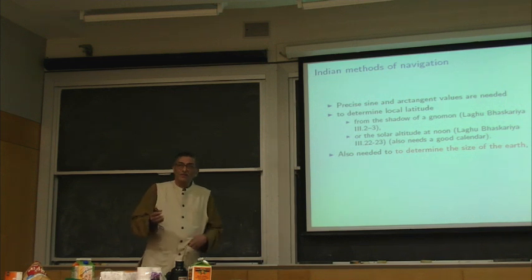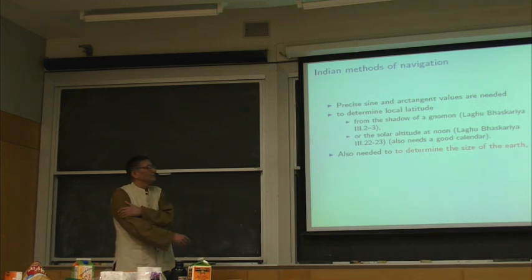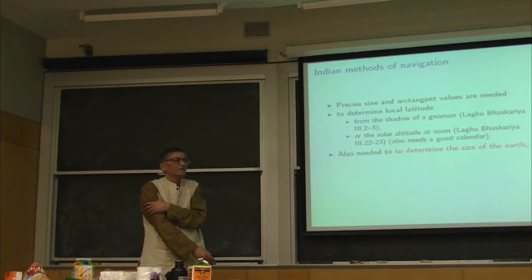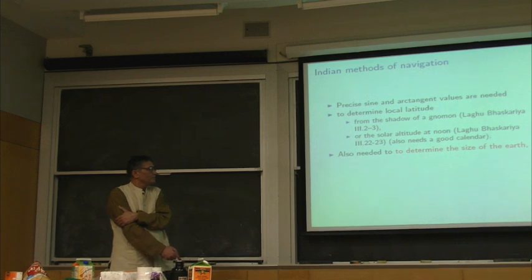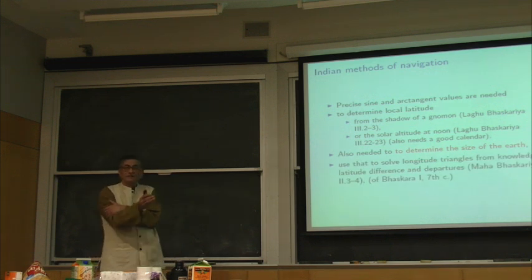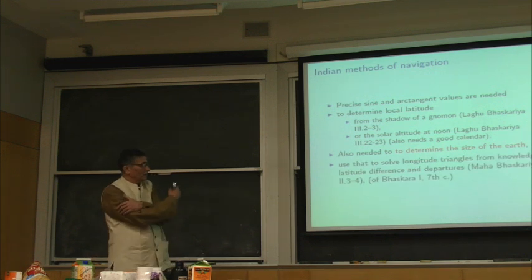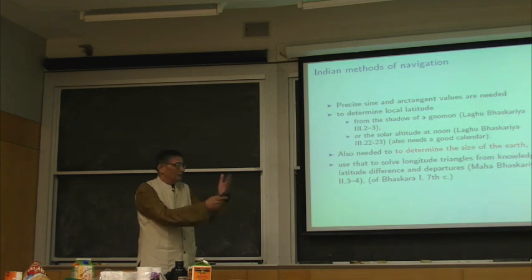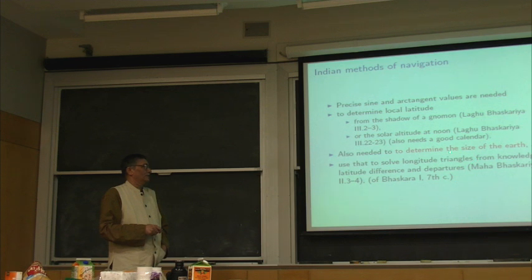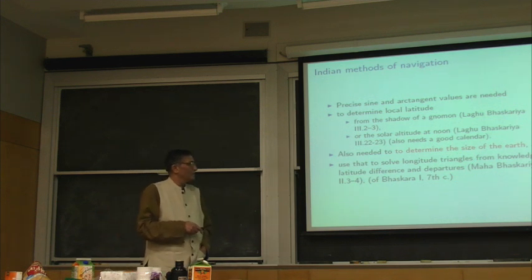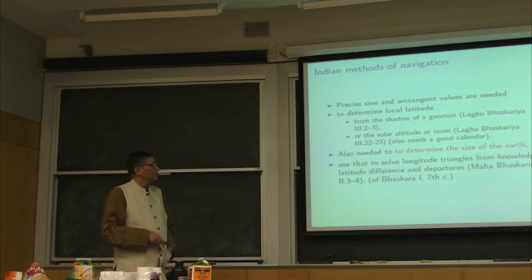We know that's very accurate, to within about 0.4% or something. That is what Caliph al-Mamun also did, but these were all done sitting at home or while climbing a mountain. And they could solve longitude triangles, where this thing enters as a parameter, using latitude differences and departures, and this is there in the Mahabhaskariya.